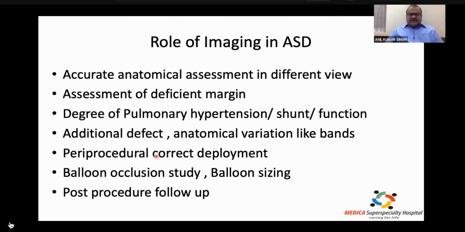ASD imaging has an enormous role during transcatheter management, where the difficult ASDs require help of transesophageal echocardiogram. I'll show some cases where the balloon occlusion study and balloon sizing help to know the ASD better and treat it, and post-operatively definitely it will be of use.